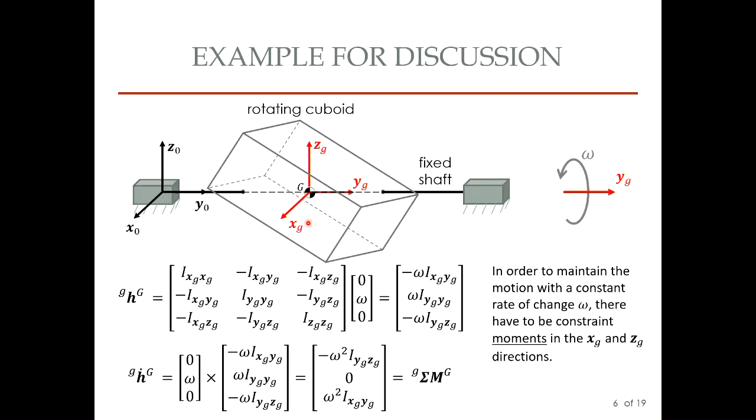So they will have a different component on the X0 and Z0 directions every time. If you're standing in the lab, your moment will be in that direction, then that direction, then that direction, and it will go around. That's why you will have this kind of wobbling that goes around for the shaft. All right?